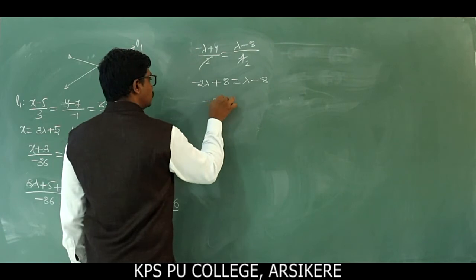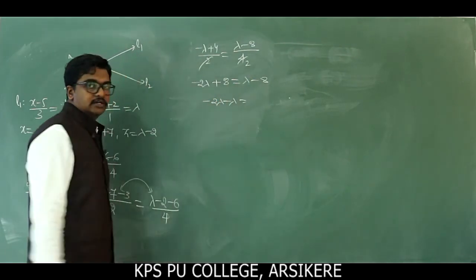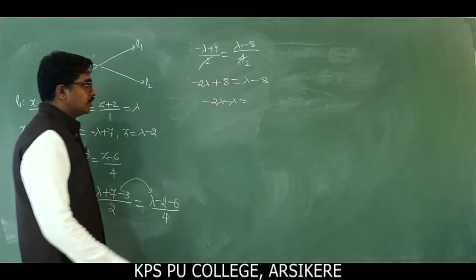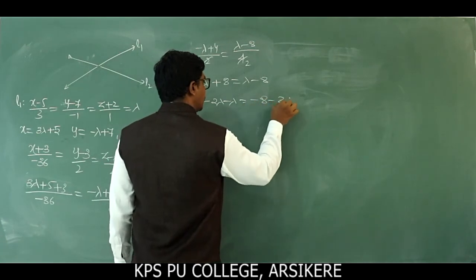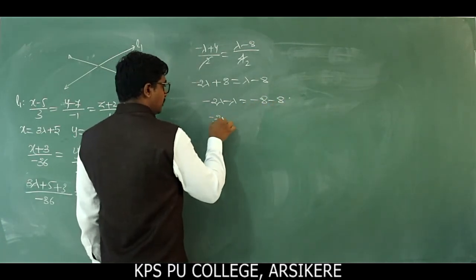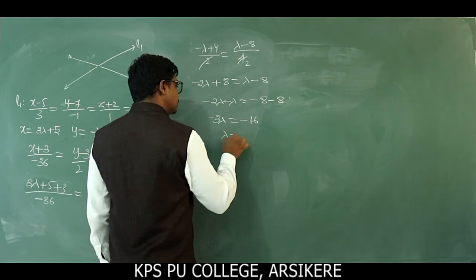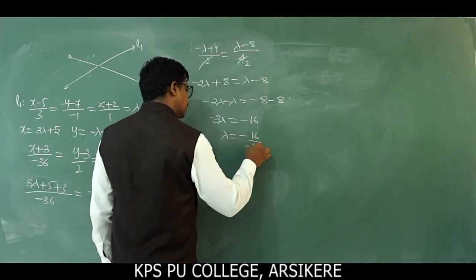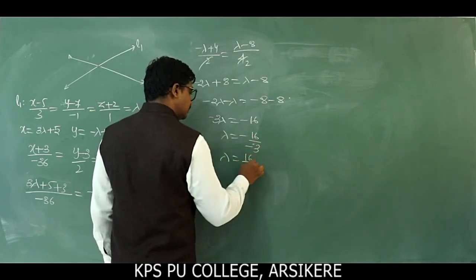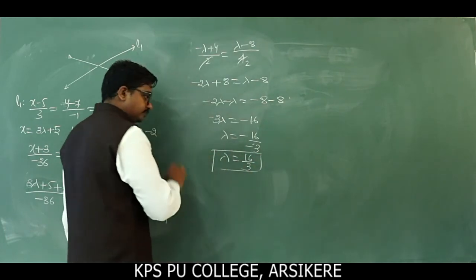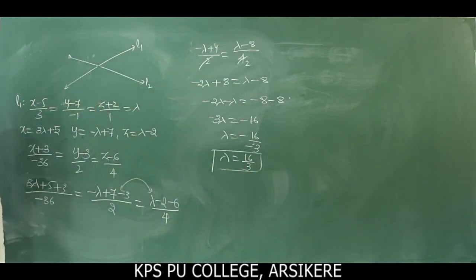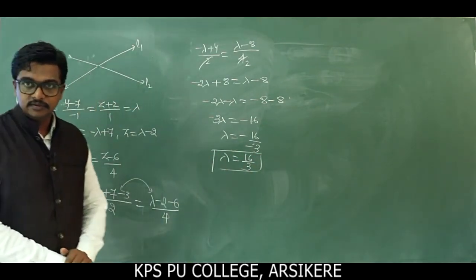This is minus 2 lambda minus lambda. Take lambda to the left hand side. That becomes minus 3 lambda is equal to minus 8 minus 8, minus 16. Lambda is equal to minus 16 by minus 3. Lambda is equal to 16 by 3. This is our right answer.